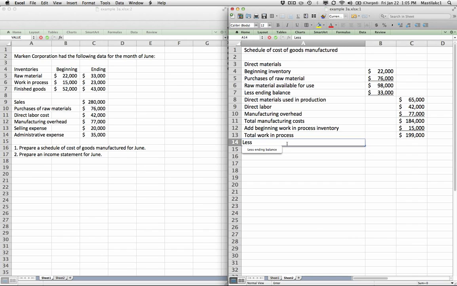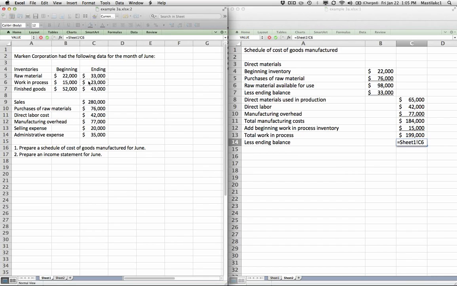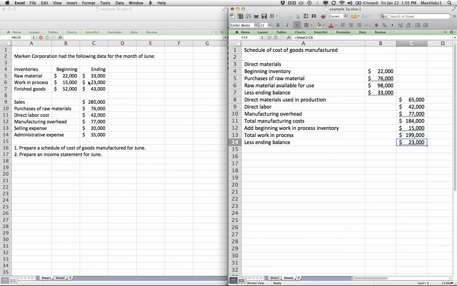And just like we did with raw material up here, we're going to subtract the ending balance of work in process of 23. We had 199 in process, 23 of it is still unfinished. So that means we must have finished the difference. We must have finished $176,000 worth of work. And we call that cost of goods manufactured. All right, so that's our cost of goods manufactured, and that's the first part of our requirement.